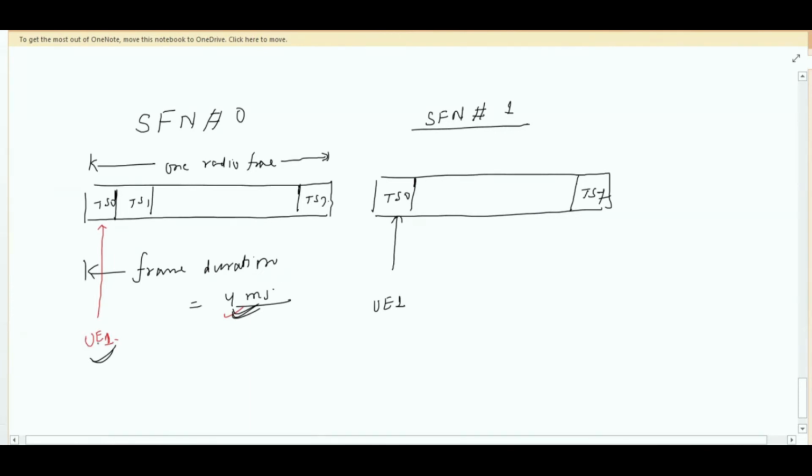Here suppose UE1 is transmitting in this radio frame in TS0. Suppose here TS2, say for example, this UE1 has been allocated to Prashant.